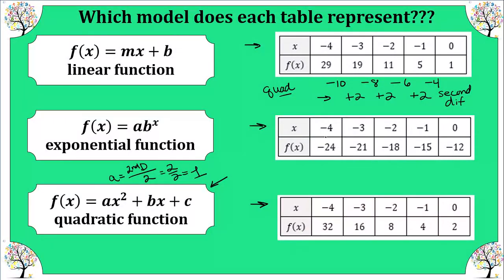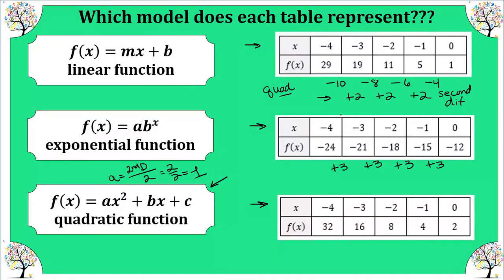Let's look at our second table. We're going from -24 to -21, so that's going up 3. -21 to -18 is up 3. -18 to -15, +3. And our last one from -15 to -12 is +3.